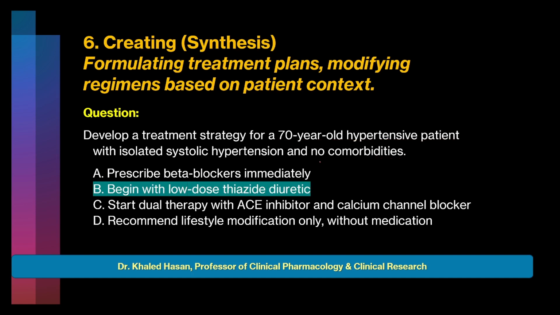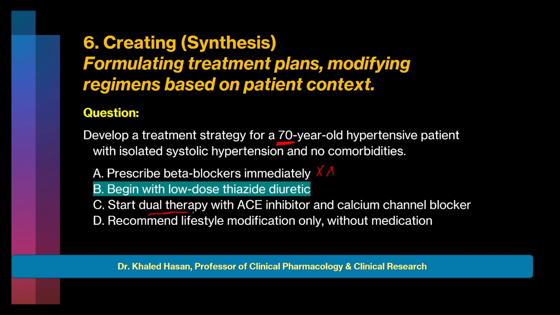Beta blocker, we don't recommend beta blocker because in elderly people, with the aging population, we have decreased heart rate, decreased heart contractility, and beta blocker aggravates the heart function. We don't recommend using beta blocker in elderly people. Okay, start with the dual therapy.